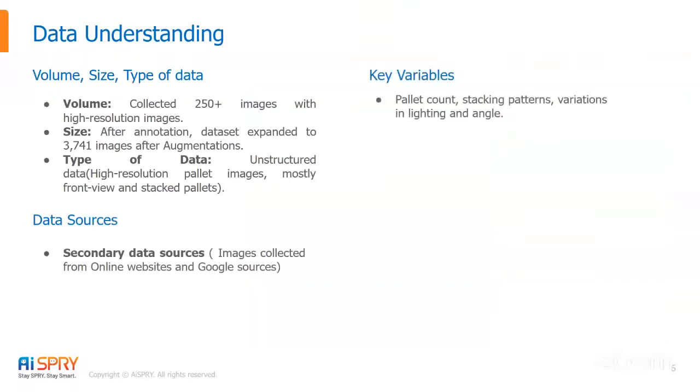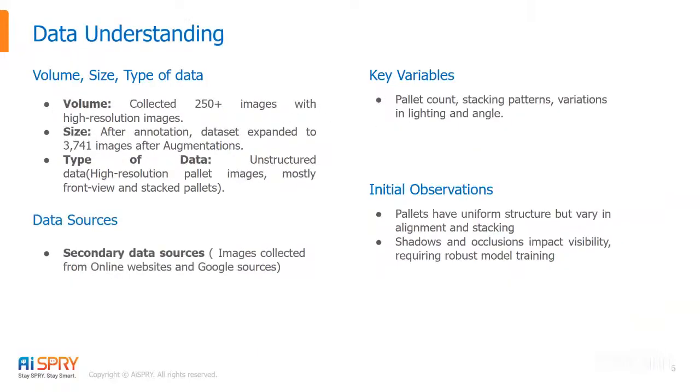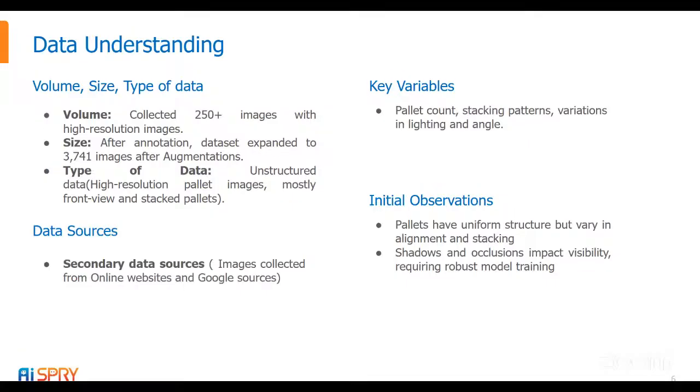Next, let's understand the dataset we were using. We have collected over 250 high-resolution images of the pallets, which increased to 3,741 images after annotation and augmentation. The data is unstructured, mainly consisting of front-view images of the stacked pallets. These images were gathered from online websites.